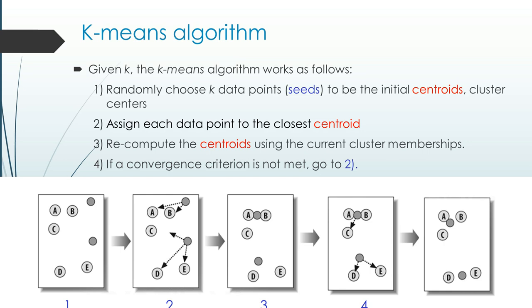Then we need to assign each data point to the closest centroid. So we compute the Euclidean distance from each centroid to all the different elements, and then we find which elements are closest to which centroid. Then we recompute these centroids by the current cluster membership, by finding basically the center of each cluster, and we do this procedure again and again.